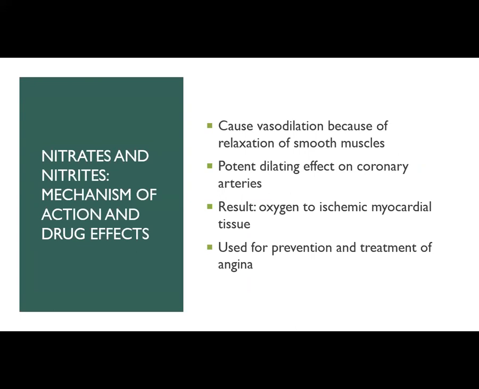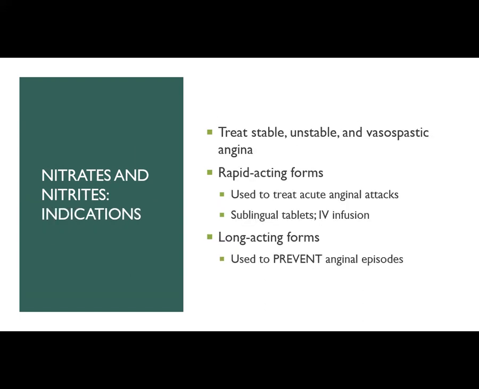So if you think about this, it makes sense why we would use it for chest pain: my concern is that I'm having ischemia, so I'm trying to open up the vessels as much as I can in order to get more oxygen there. It is used for the prevention and treatment of angina. You can use it to treat stable, unstable, and vasospastic angina.